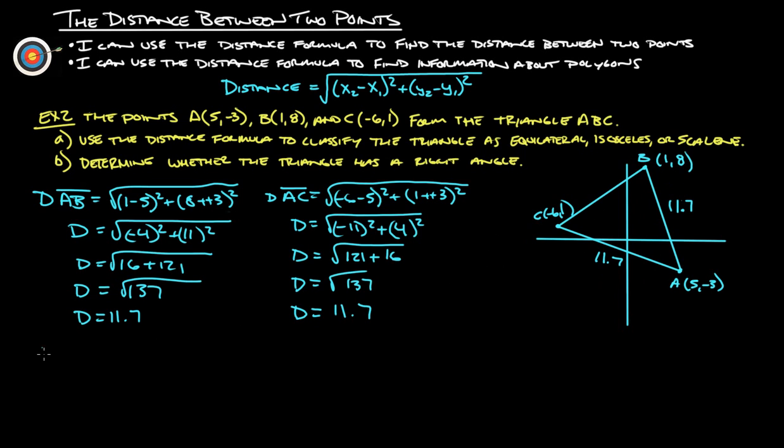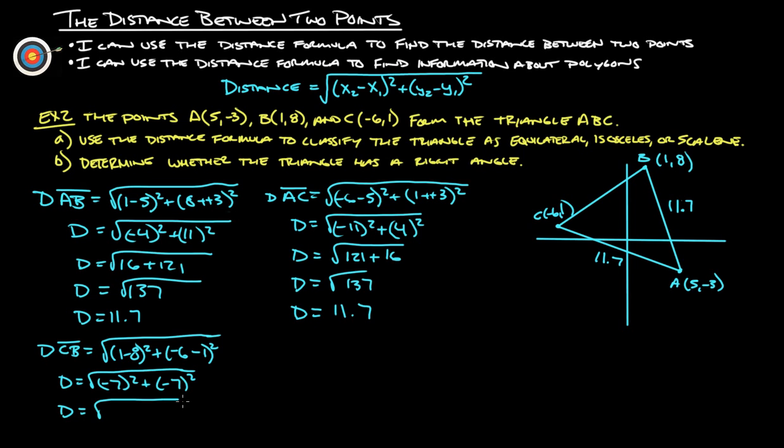Okay, so let's do that. Distance from C to B is, let's see, 1 minus 8 squared plus negative 6 minus 1 squared. Right, so distance is going to equal negative 7 squared plus another negative 7 squared.